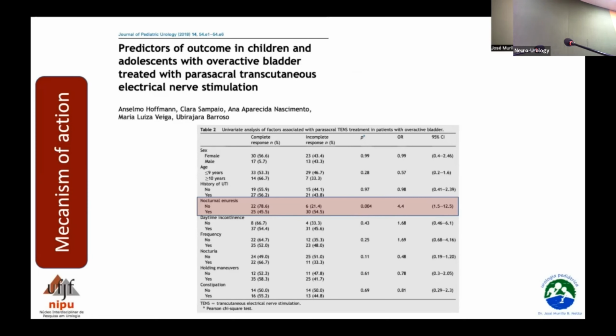But children that also had enuresis were less likely to improve the OAB symptoms than those without nocturnal enuresis. Therefore, nocturnal enuresis is a single factor associated as a predictor of improvement.